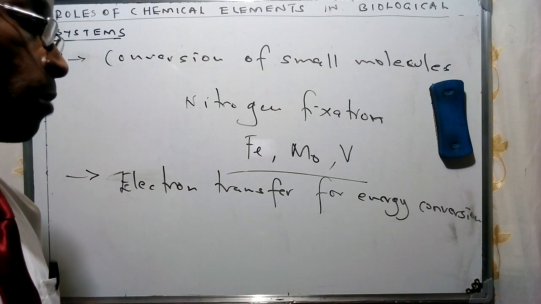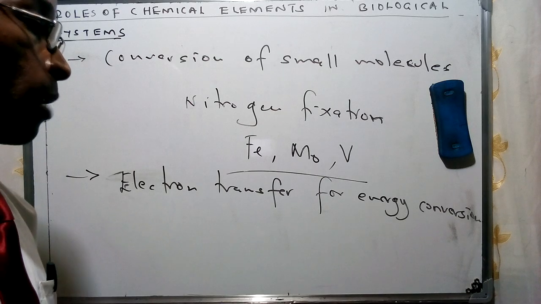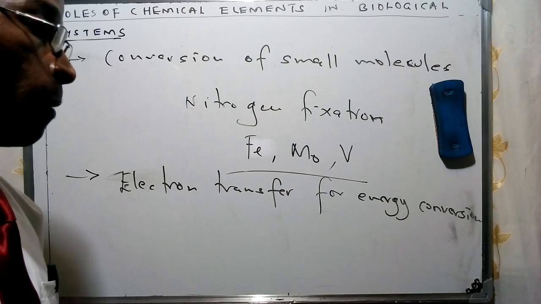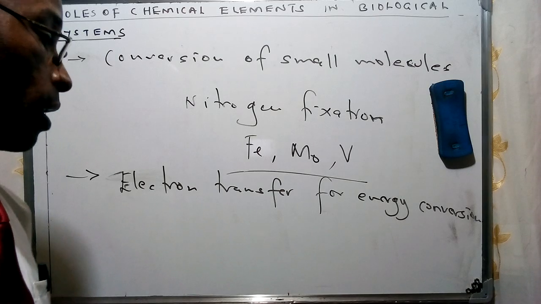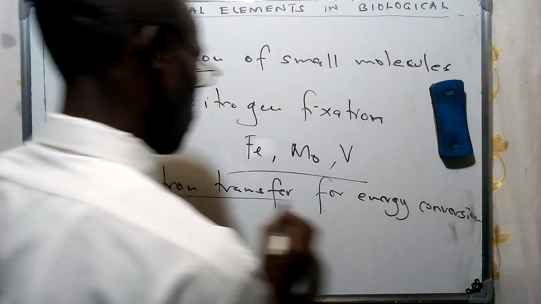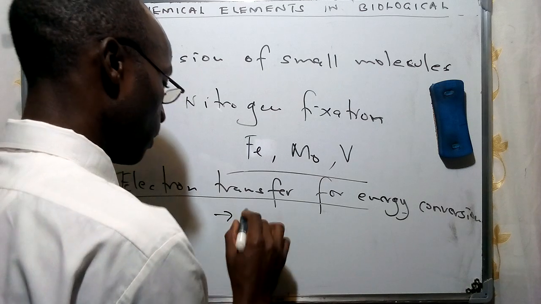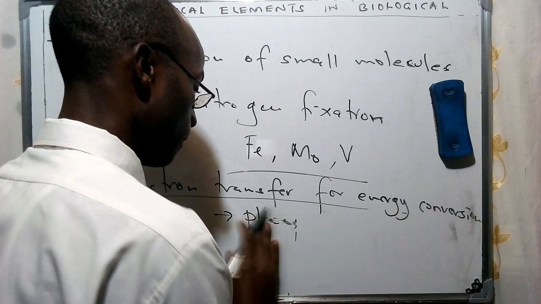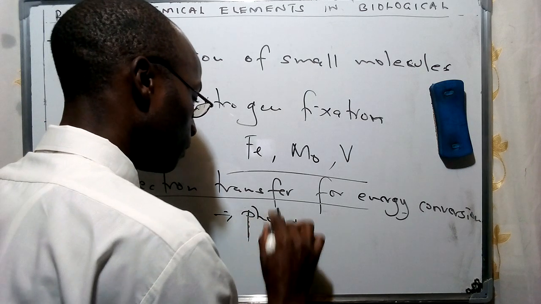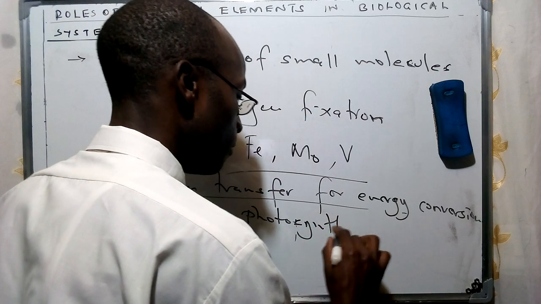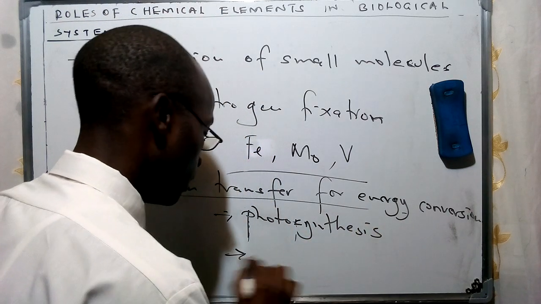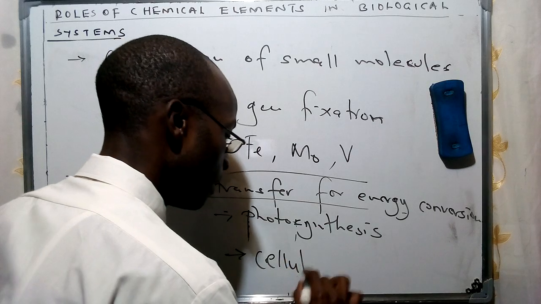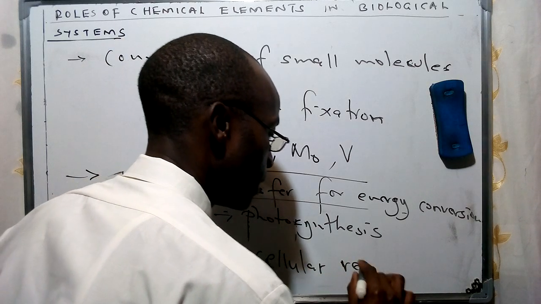So we shall look at two stages of the process of photosynthesis, which is going to be involving a type of complex that we refer to as chlorophyll. This specific process is going to be involved in two particular processes, photosynthesis and cellular respiration.